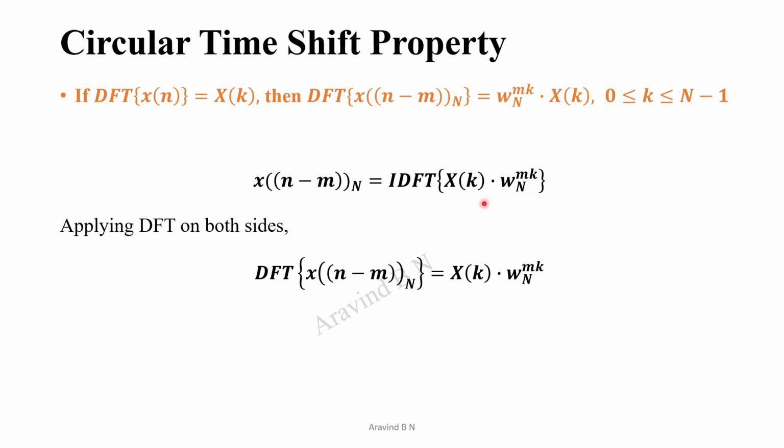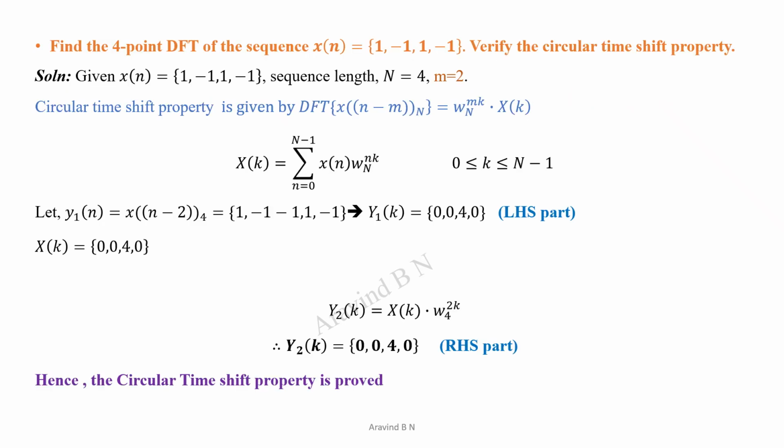This is the general expression we have gone through, and it can also be realized in another manner, but we will stick to this particular representation for the further process. Now let us consider an example. Find the 4-point DFT of the sequence x(n) and verify the circular time shift property.